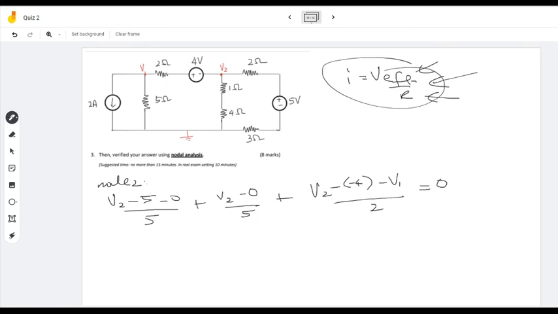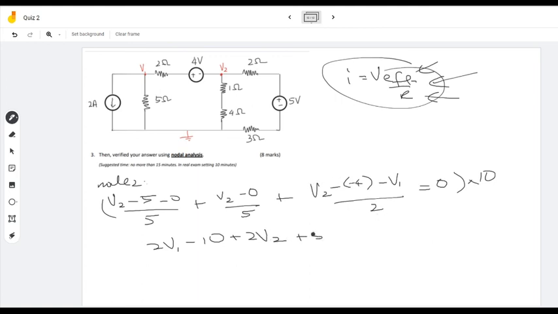So it is not a supernode. Okay, it's not a supernode. It is just normal nodal analysis. Alright, so if you multiply everything again with 10, quickly you will get 2v1 minus 10 over there, and then that one is plus 2v2, and how about that one there?